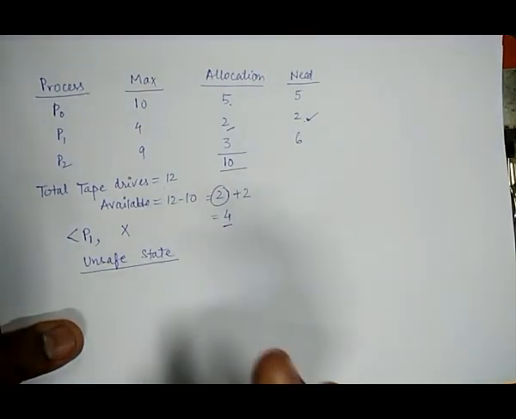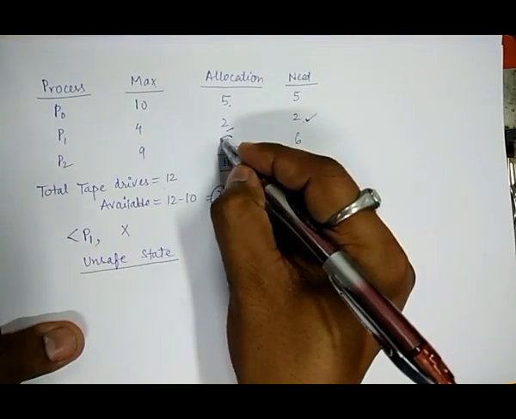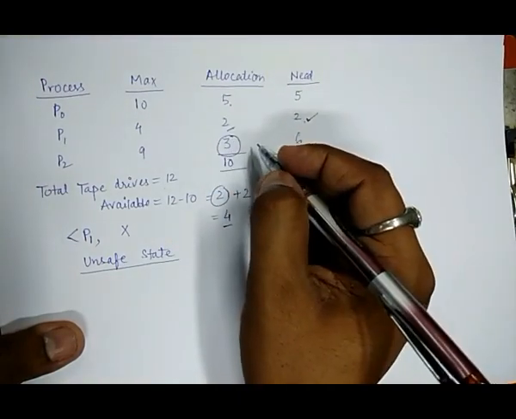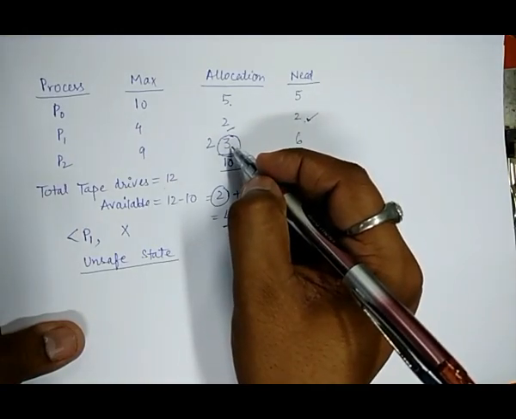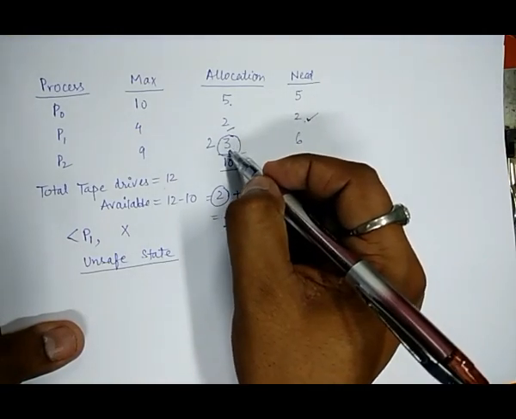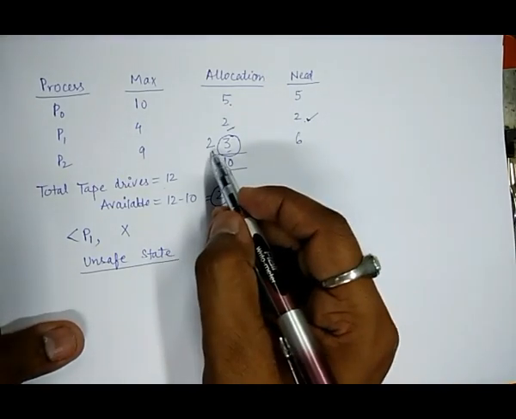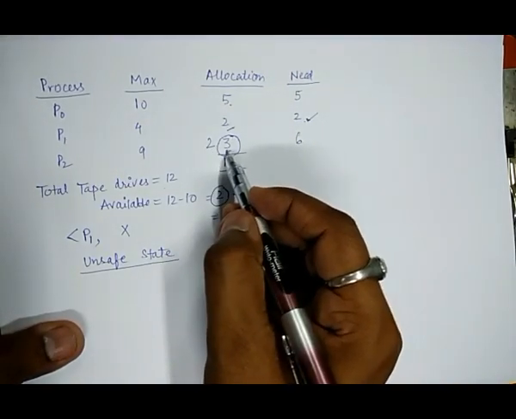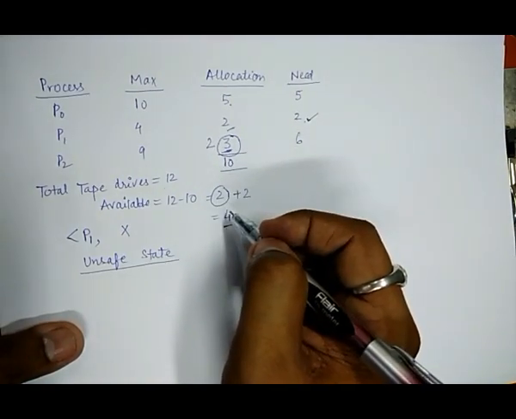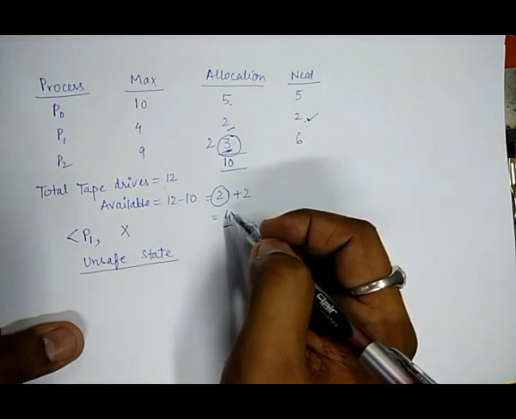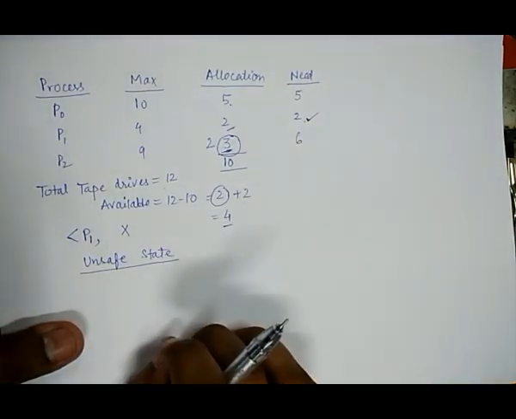So to avoid this unsafe state, what we will do, we will not increase the allocation by 1, because its previous allocation was 2 and we have granted the request by 1, so its new allocated state is now 3. So we will take the rollback and we will not grant this additional request, by which we can avoid deadlock occurring in the system. Okay, so this is how we avoid deadlocks in the system.